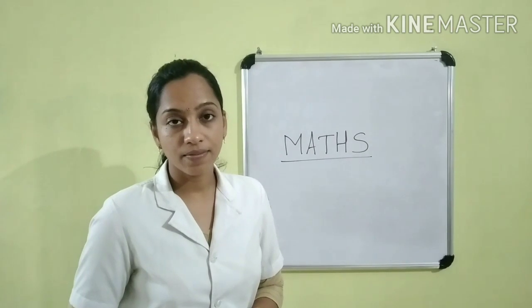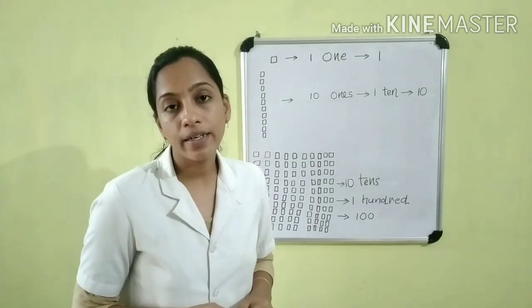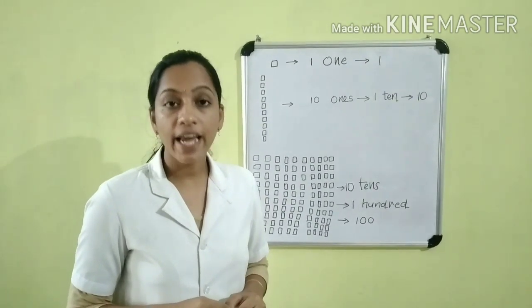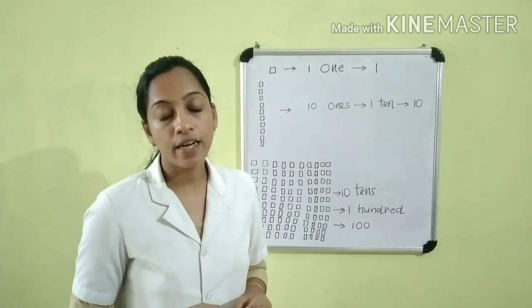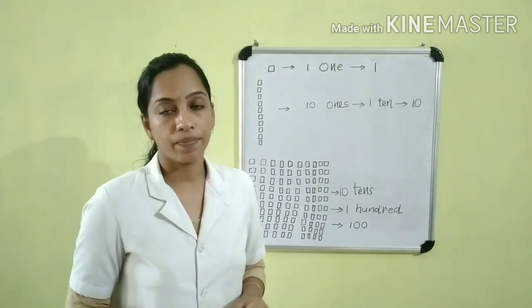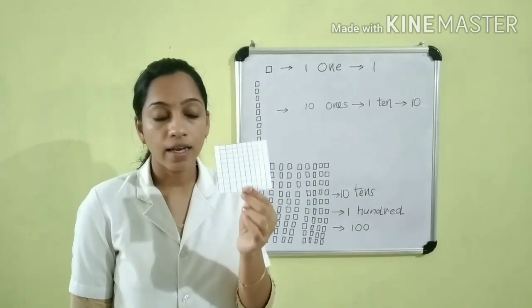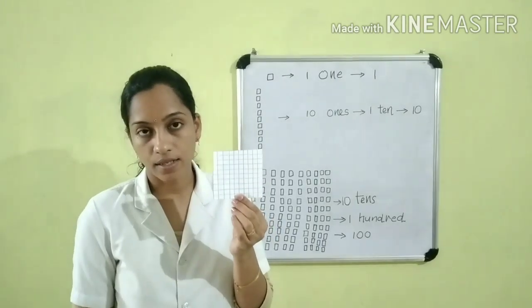Let us start. We know the value of 10 tens is 100. Yesterday, we studied that the value of 10 tens is equal to 100. Children, this large square represents 10 tens.